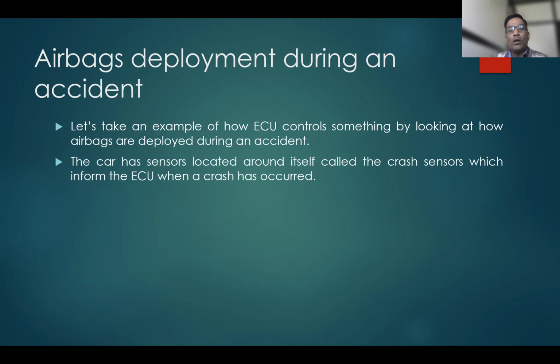There are sensors. The car has sensors located around itself called crash sensors. Whatever type of sensors are required to give the order for deployment of the airbags during the accident, we are going to call them crash sensors, which inform the ECU when a crash has occurred.